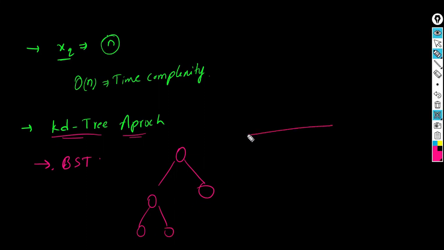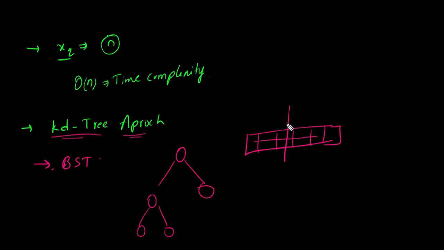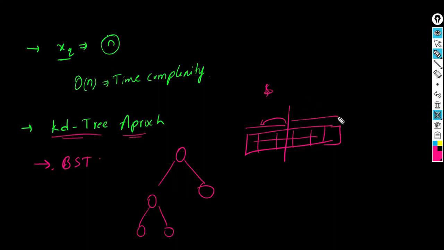Suppose we have a list of values. Initially we sort those values and take the middle one. If the search value is less than it, we split that part once again. If it is greater, we take the other list and split that one, and check like that. That is the binary search tree approach.